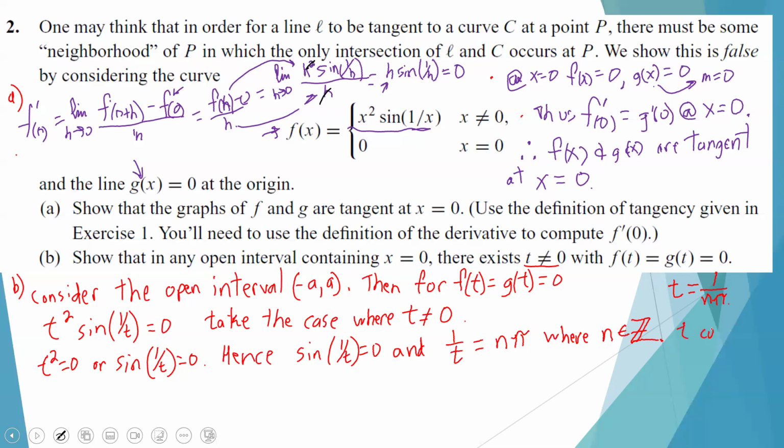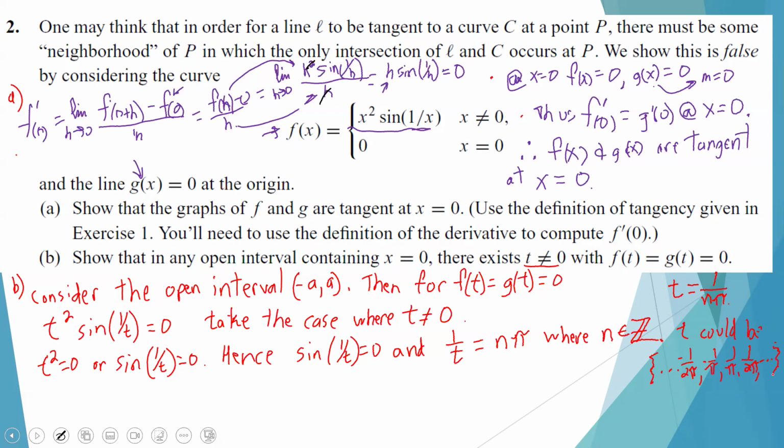T could be negative 1 over 2 pi, could be negative 1 over pi, right, could be 1 over pi, could be 1 over 2 pi, and dot, dot, dot, the ellipsis, right? And then squiggly, could be any of those, right? So that's what we've shown.